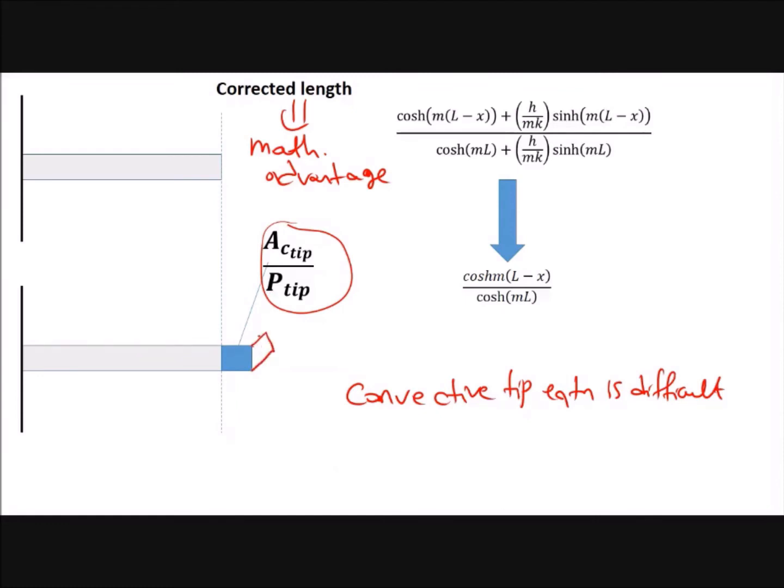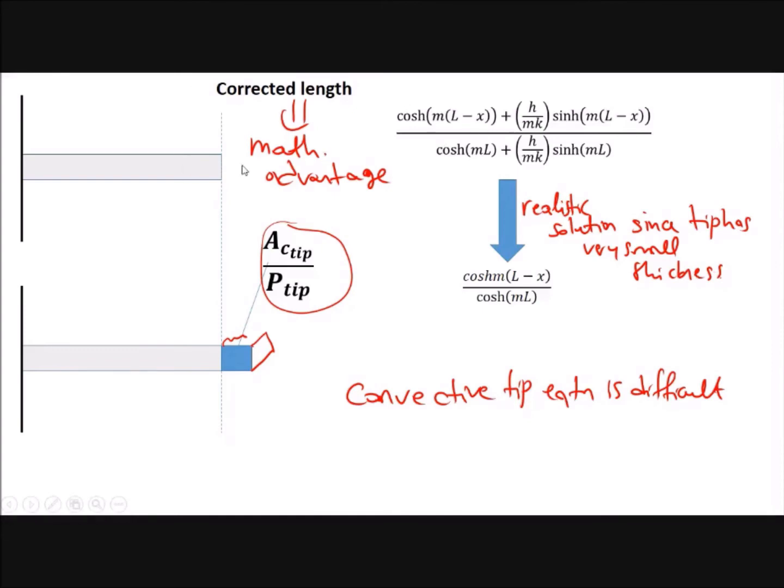You add it and you will get some amount of extra length, and this extra length brings the tip to adiabatic condition. It is not unrealistic, it is a realistic solution, because the tip has very small thickness.